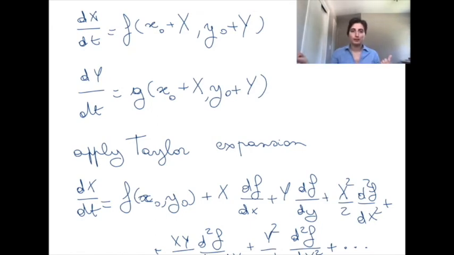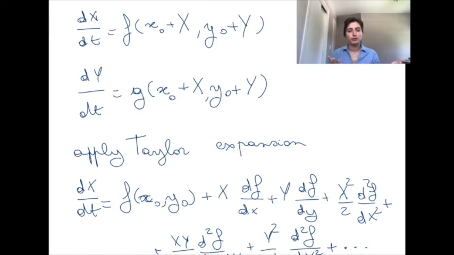We can expand the right-hand side as f computed at the equilibrium point, x naught, y naught, plus all the partial derivatives of f multiplied by X and Y. So X df dx plus Y df dy plus capital X squared over 2 d squared f over dx squared, and so forth, all the mixed terms, and so forth.